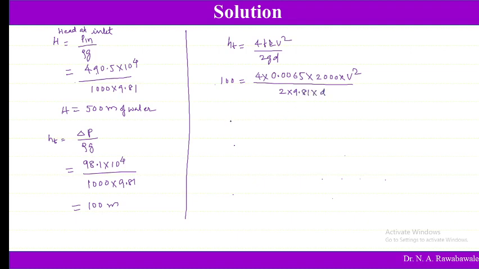So here what we can get is velocity, or on this side, if we see here, velocity divided by diameter.